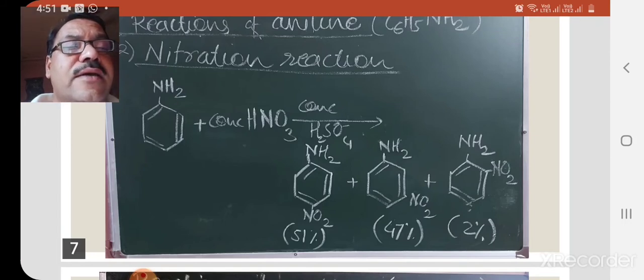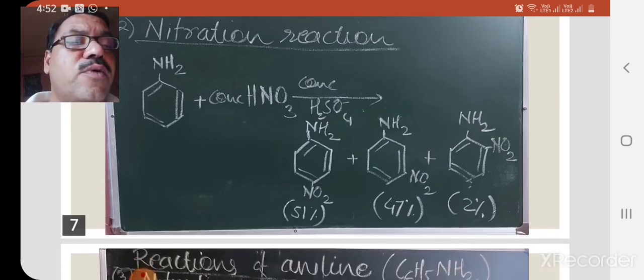You can see in the first product, the NO2 group is attached at the 4th position, whereas in the second product, the NO2 group is at the 3rd position, that is the meta position, and in the final product, the NO2 group is attached at the 2nd position, that is the ortho position. But the percentage of products is different. Para-nitroaniline is nearly 51%, meta-nitroaniline is 47%, and ortho-nitroaniline is only 2%.